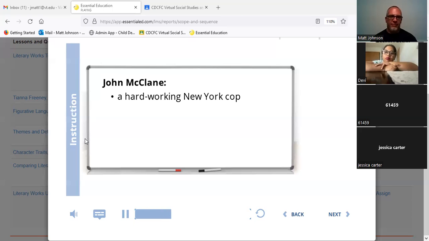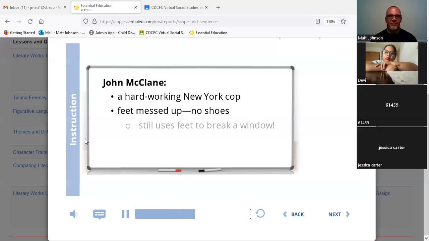If you want to know what a character is like, look at what the character says and does. Like John McClane goes the whole film with his feet all messed up because he doesn't have any shoes. But he still uses his feet to break a window so he can get out of danger. So cool. My point is, he's persistent. He keeps at things, even though everything is going against him.